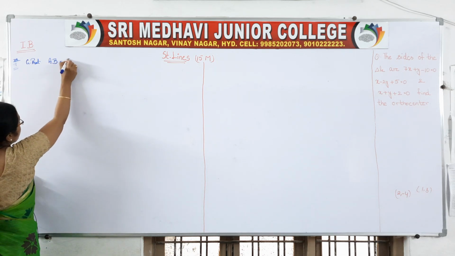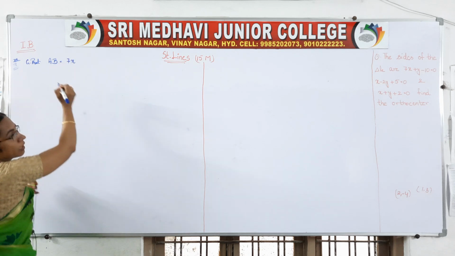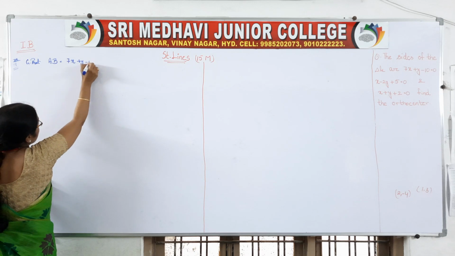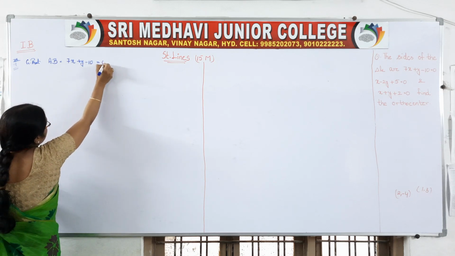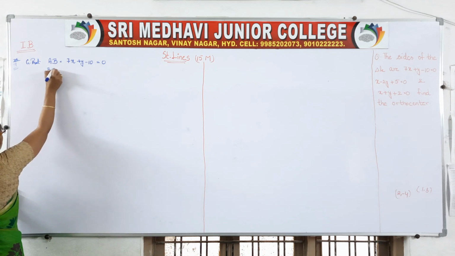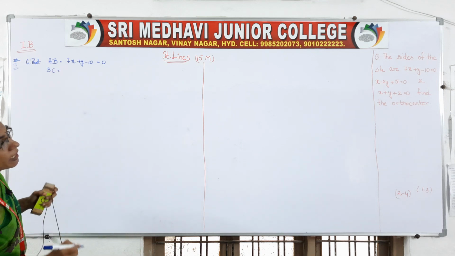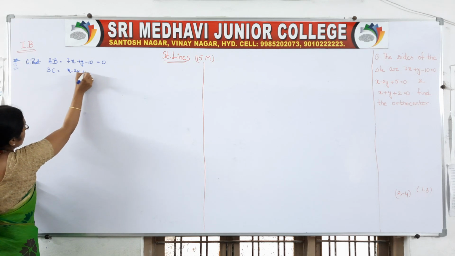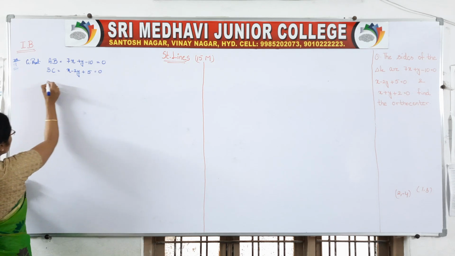Take the values carefully. If you take any small value differently, you will not get your answer correctly. This is your first line AB: 7x plus y minus 10 is equal to 0. BC, the second straight line: x minus 2y plus 5 is equal to 0.